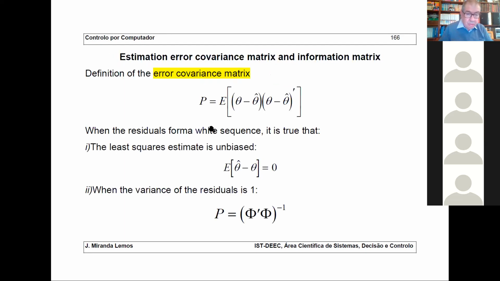And also remember that if your noise is a white sequence, least squares is very well behaved. But if not, the first property is not true. So the expectation of the error is not 0, and your least squares estimate will be so-called biased. If the noise is not white, the least squares estimate will be what is called biased.